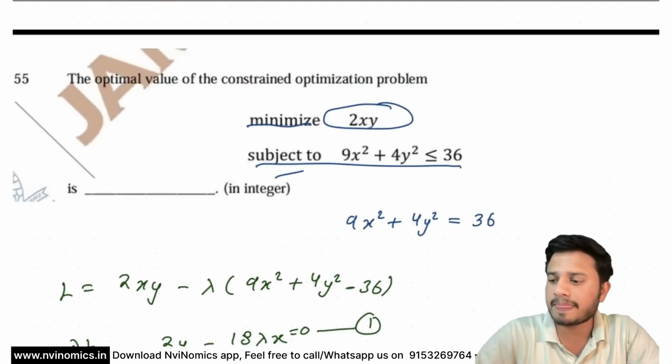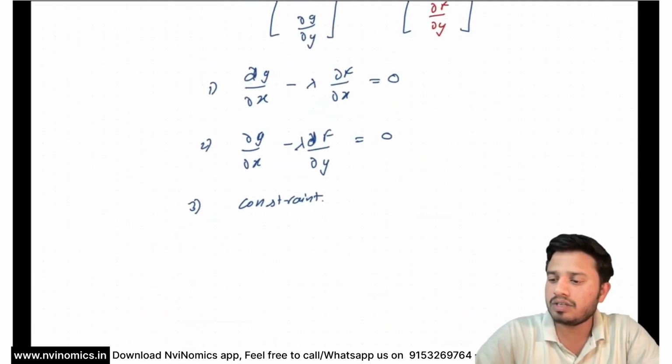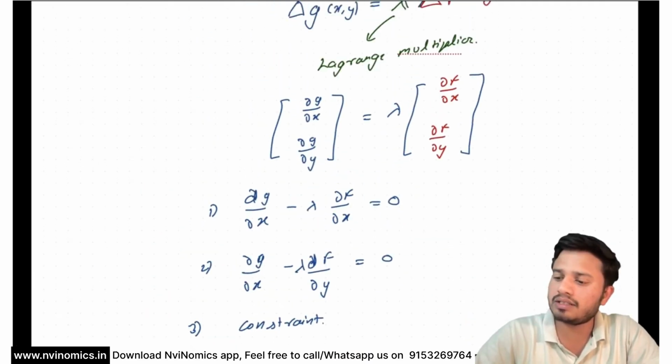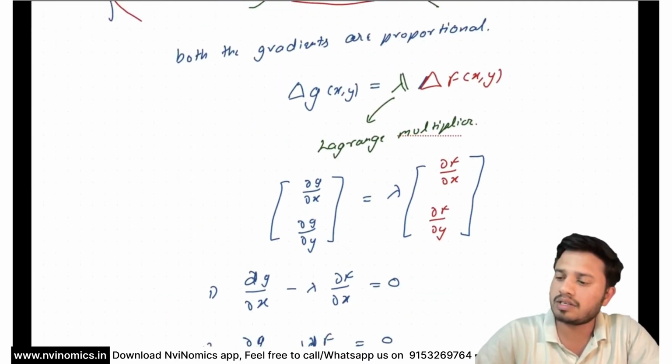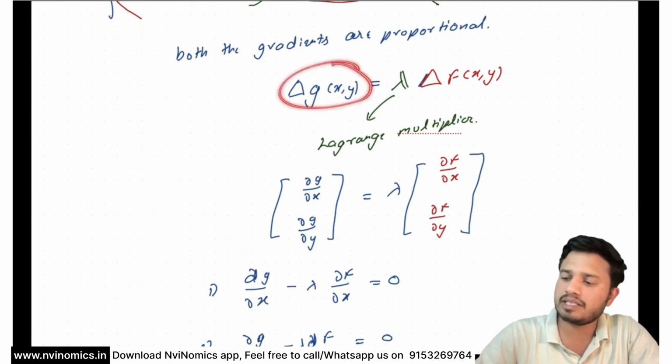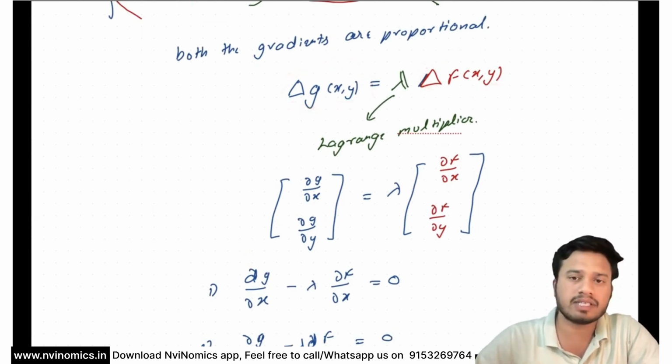See one thing. In theory, I told you that I have taken the constraint this side and the number this side, but that does not matter if you are clear with the idea. Because what is this lambda?